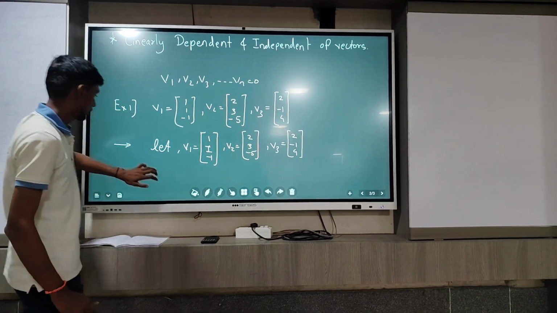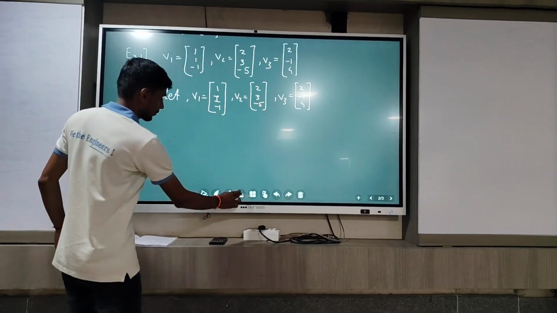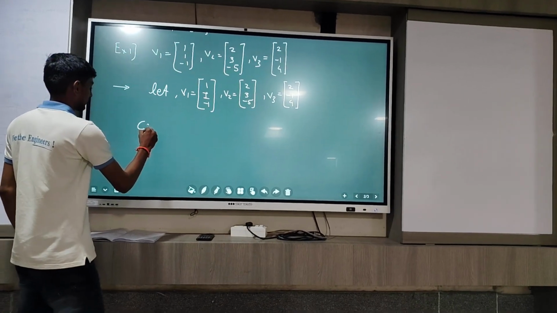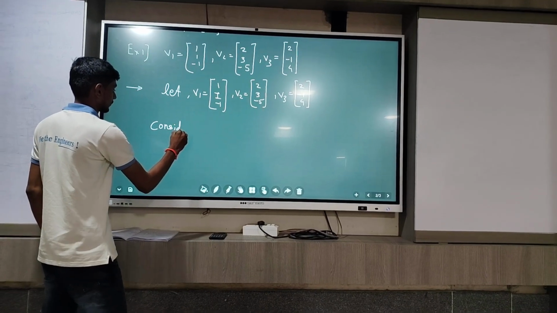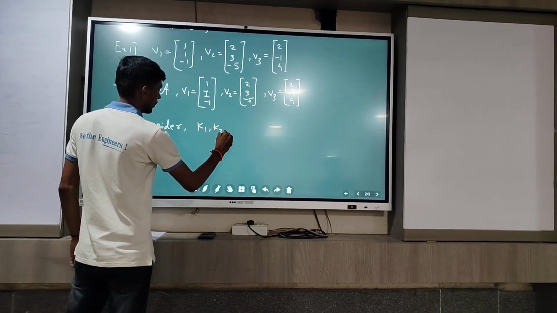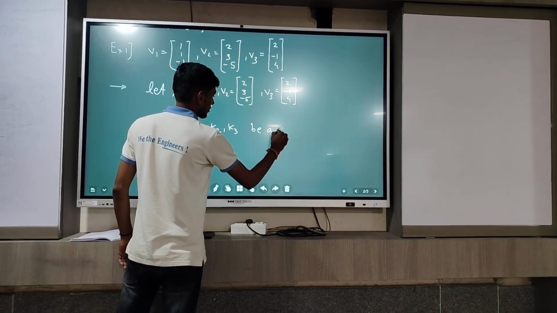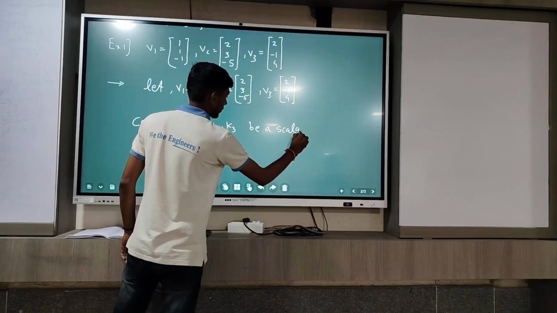We consider these vectors, and we also consider scalars k1, k2, k3.